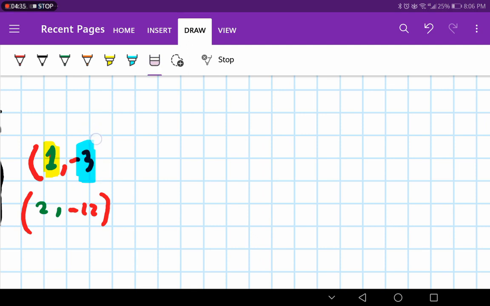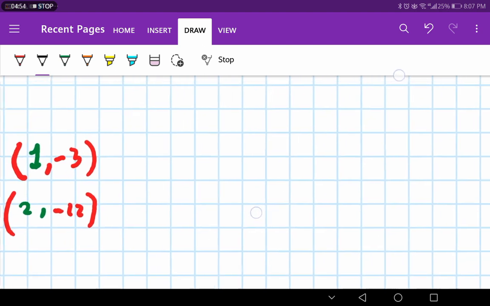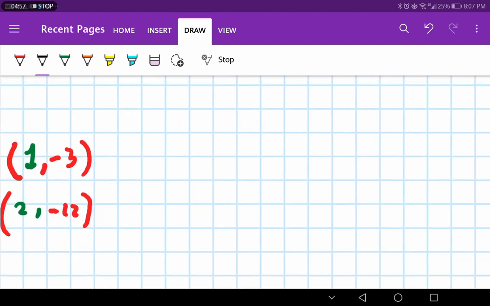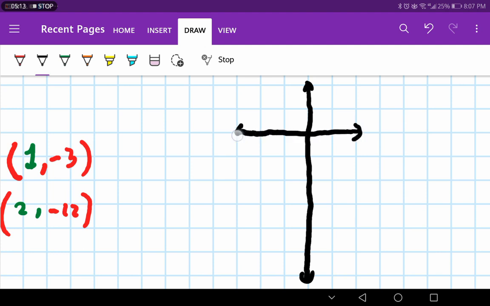Let me clean them. Okay, it is -3, and this is the 1. Now I will plot them in the xy coordinate plane. You know the xy coordinate plane, you take it in grade 4, my dear student. I know you know. So I will do this and this.